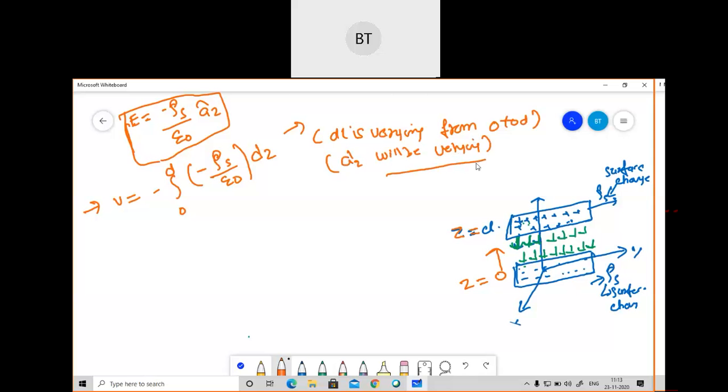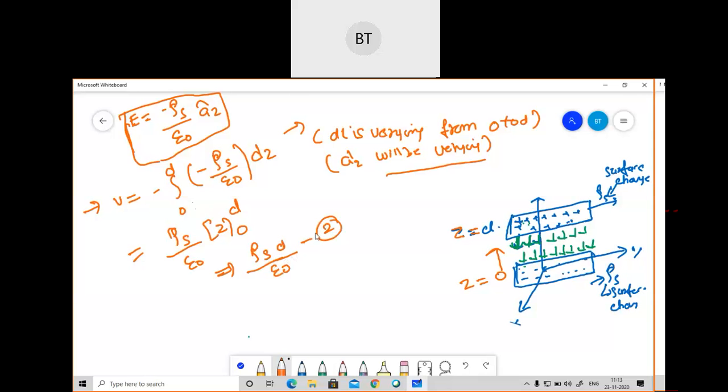If you evaluate this integral, you will get rho s by epsilon naught into z, with limits from 0 to d. When you evaluate the integration, you will get rho s into d upon epsilon naught. This will be our second equation.